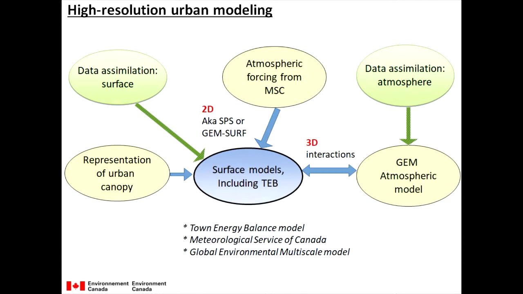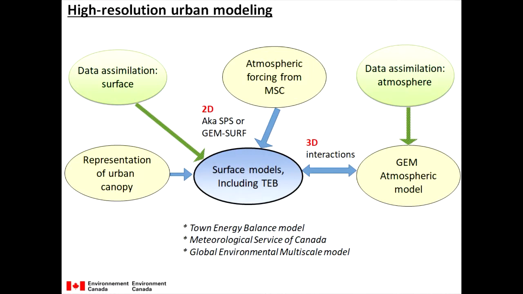So this is a simple overview of a quite complex system. The main focus here is the Town Energy Balance model, the surface scheme that deals with the physical processes in the city, and it's also linked with a vegetation scheme. For that, we need a representation of the urban canopy, and it's linked in different ways.